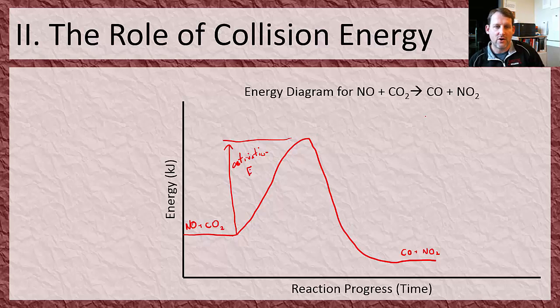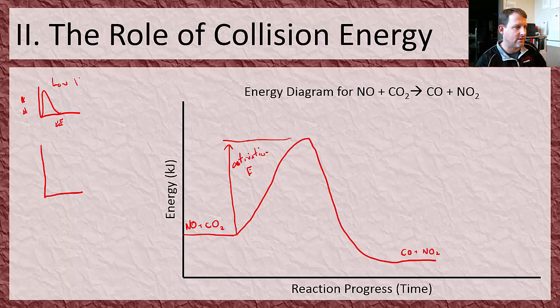And remember, if this is KE and a number of particles, at low temps, it looks like this. It's spiky at low. Almost all particles have very low kinetic energy. And at high temp, it smooths out like this.